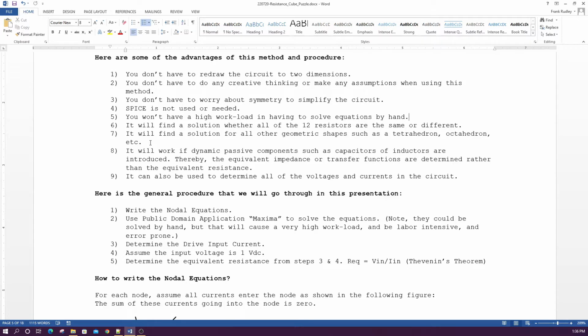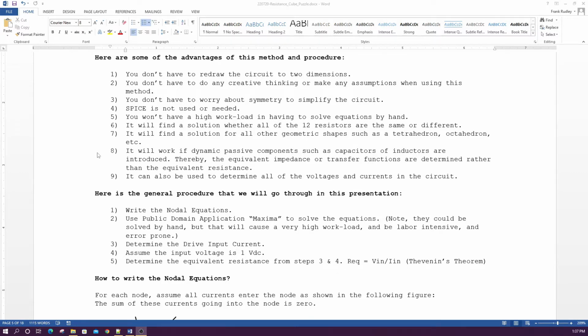If there are other shapes you would like to see, the tetrahedron, whatever shape you come up with, let me know. It has to be something realizable that you could actually make in 3 dimensions. If it's something like a 4-dimensional shape, I'm not too sure about that, but at least 3-dimensional shapes are possible to do. I could try to solve it for you, or you could use this method to solve it.